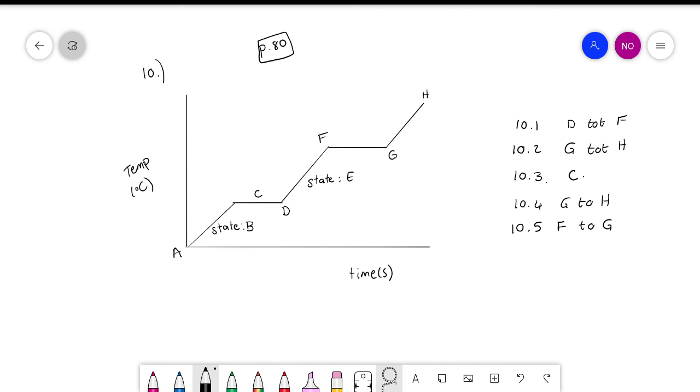And where is it a solid? From A. Well, actually, I'm just going to say B. When it's in the state of B. So vir daai hele stukkie daar.